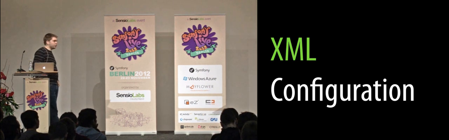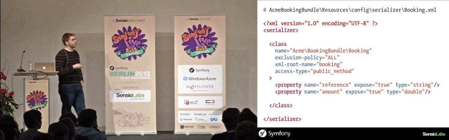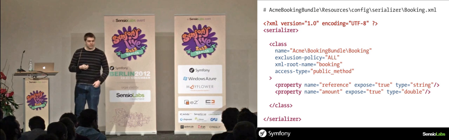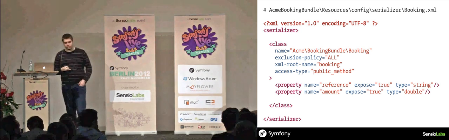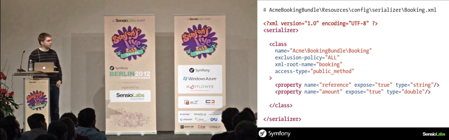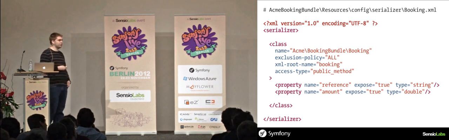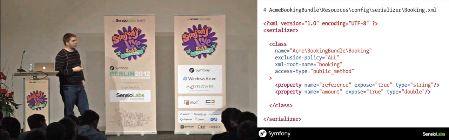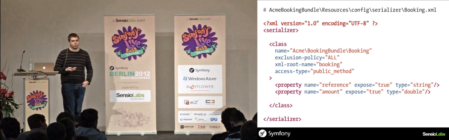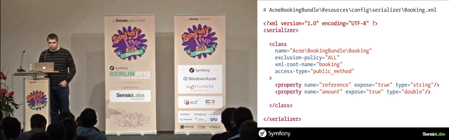You can use XML configuration also. So instead of using YAML, you will create, for example, a booking.xml file, and you have the same settings you can configure from an XML syntax. I want to serialize the reference property, and I want to expose this reference property, and this property is a string.